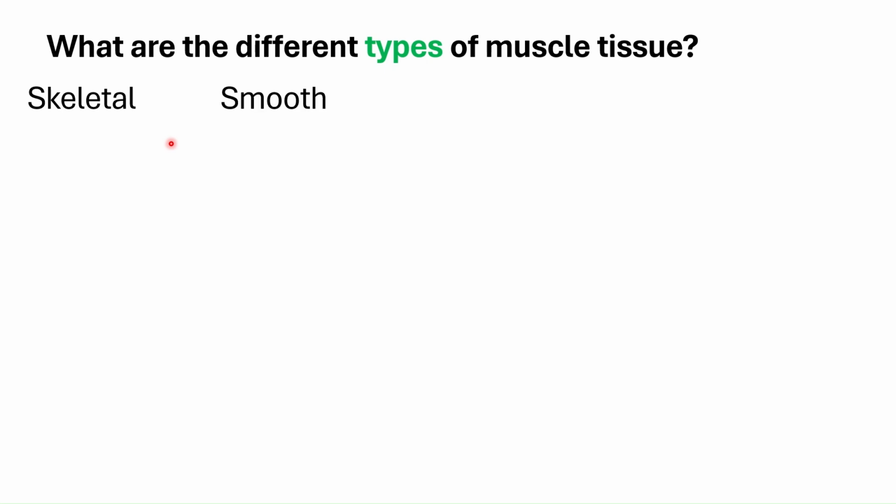Okay. Next, we have our smooth type of muscle tissue, which, unlike your skeletal muscle, is involuntary, and it is usually found in hollow organs in your GIT also. Basically, it produces long and sustained contractions that are not consciously controlled.